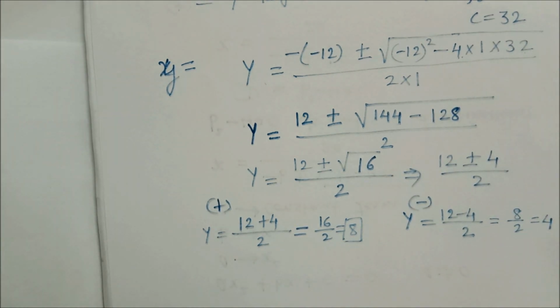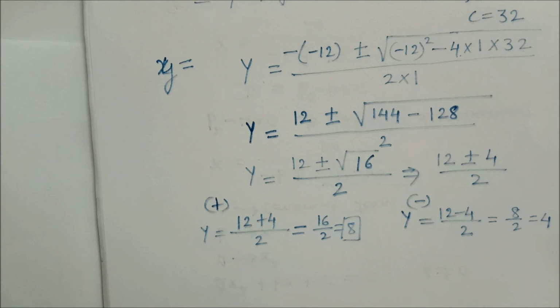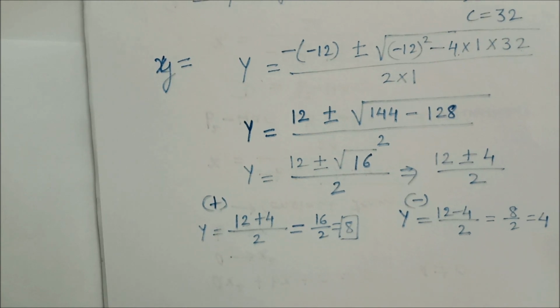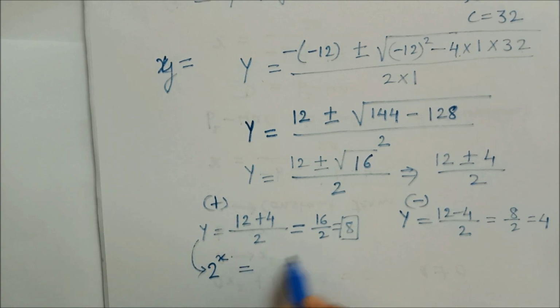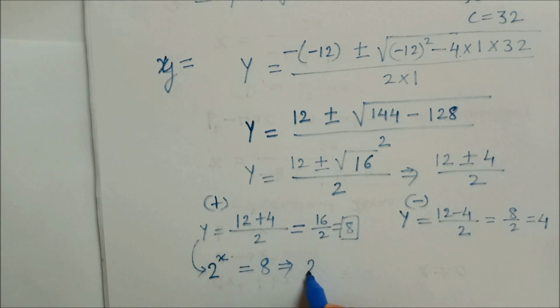But this is not our original answer, because in the question the variable given is x. So we will replace the value of y, and the value of y is 2 raised to the power x. So in place of y I have written 2 raised to the power x, and this is 8. This 8 we can write as 2 cube. So 2 raised to the power x is equal to 2 cube.